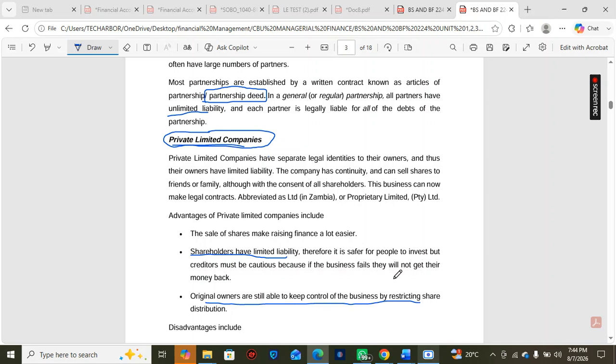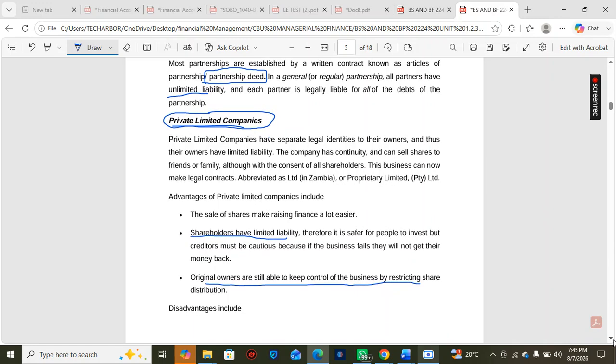Unlike a public limited company where shares can be sold to the general public, shares in a private limited company cannot be sold to the general public. The only time they can be sold is if you agree with the other shareholders that you want to sell your shares to somebody, and they are aware of that.